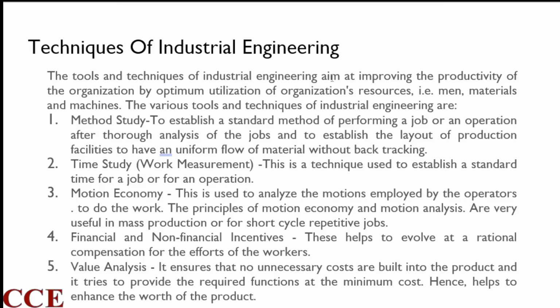Next point is related to the various tools and techniques of industrial engineering. These tools and techniques of industrial engineering aim at improving the productivity of the organization with the optimum utilization of the organization's resources, that is, men, material, and machines.